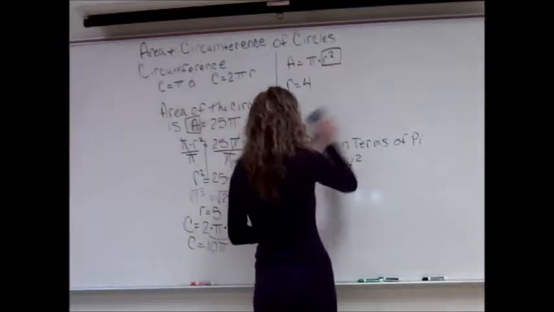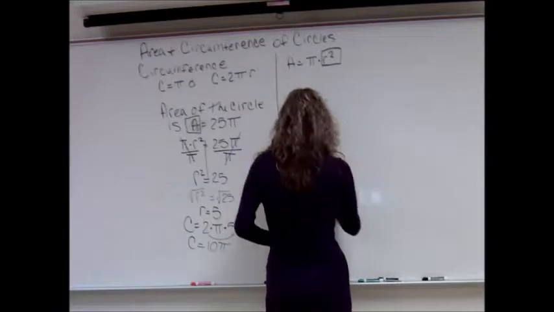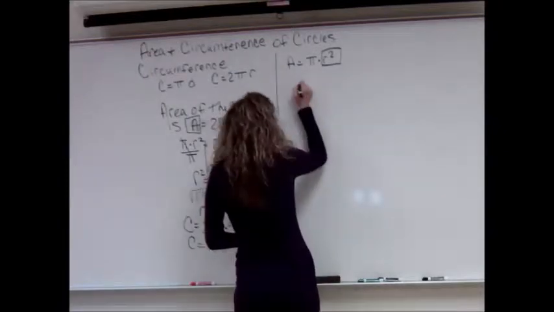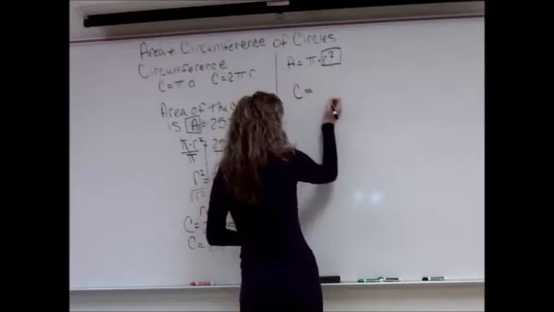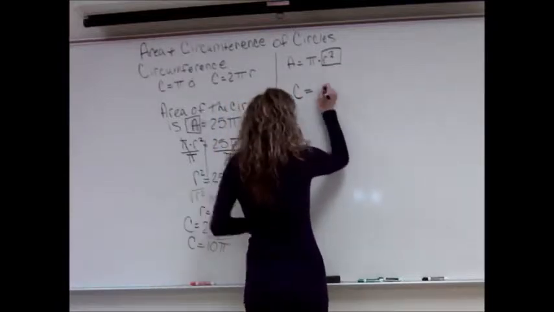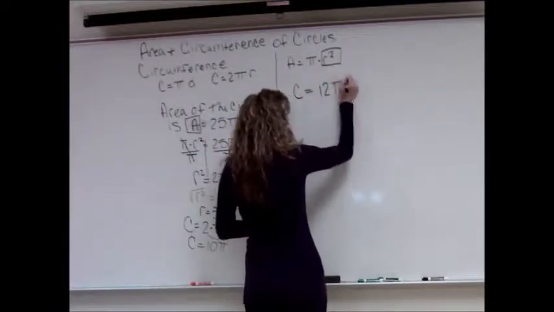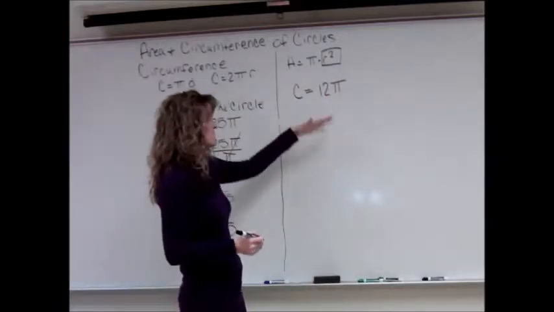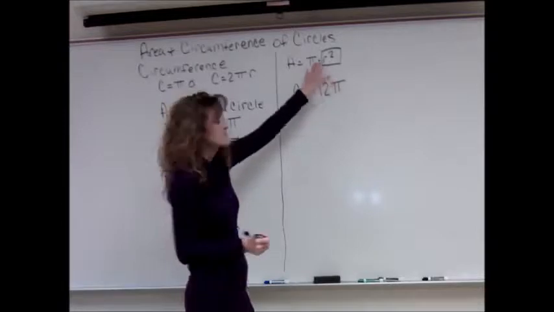What if they give me the circumference, but I need to find the area? So let's say that I have a circumference of 12 pi. And I need to find the radius because the radius is the number that I plug into this formula.